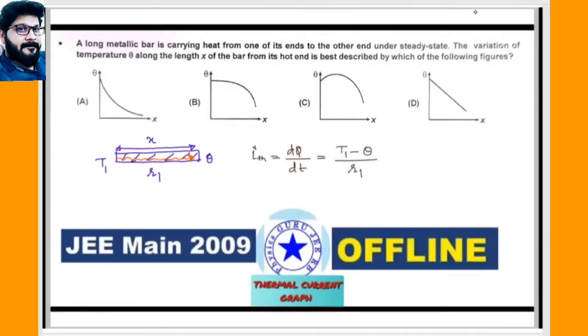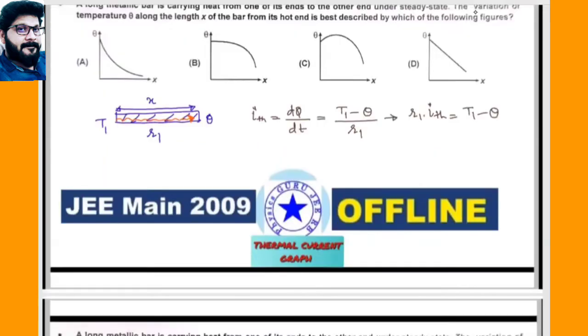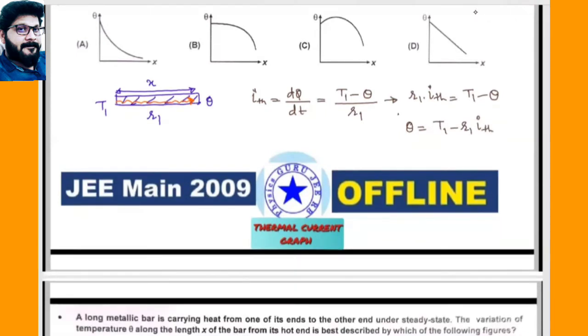Or I can write R1 into thermal current equals T1 minus theta. Rearranging this equation, theta equals T1 minus R1 into thermal current.